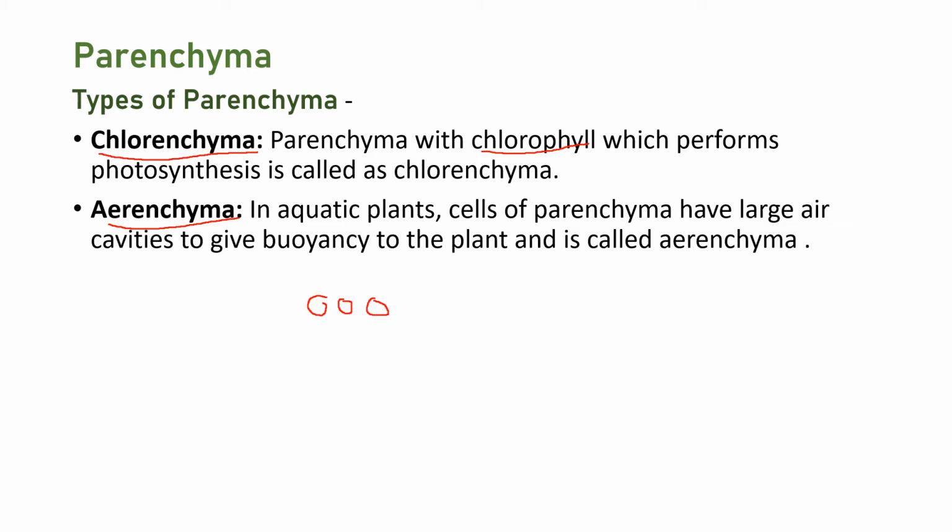So it gives buoyancy to the plant so that aquatic plants can float, and it is called aerenchyma. Clear? So I'll read one more time: in aquatic plants, cells of parenchyma have large air cavities to give buoyancy to the plant and is called aerenchyma.